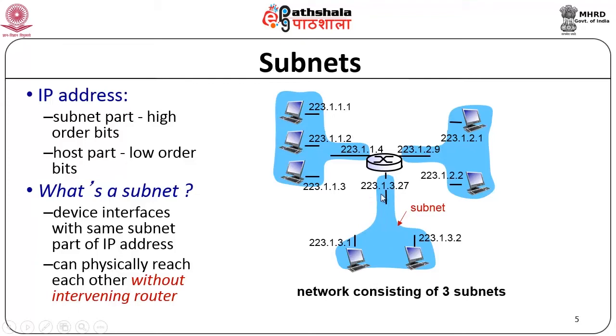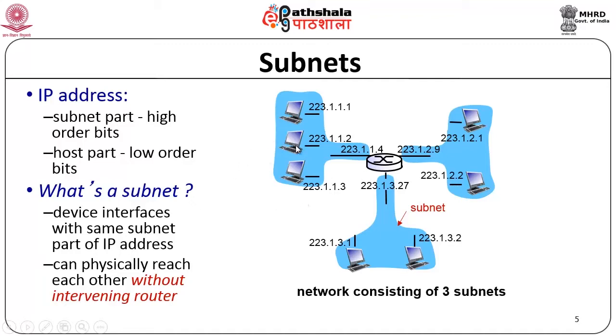You have 223.1.3.27, 223.1.3.1 and 223.1.3.2. So up to 223.1.3 is common for all the nodes in this subnetwork. Similarly, in this subnetwork they have a common prefix which is 223.1.1, and this one similarly has 223.1.2 and so on.